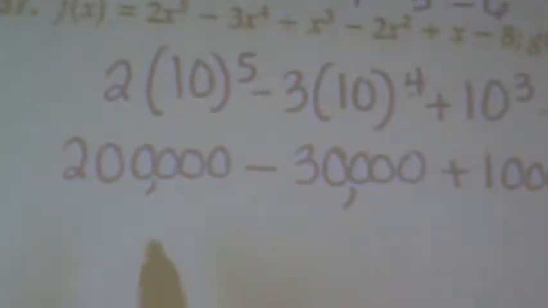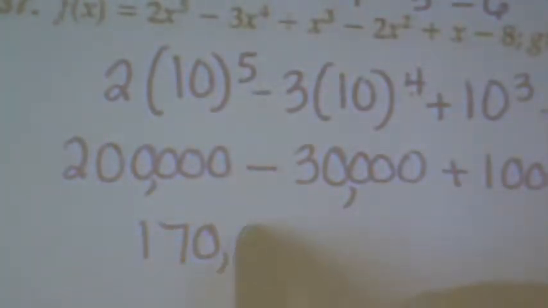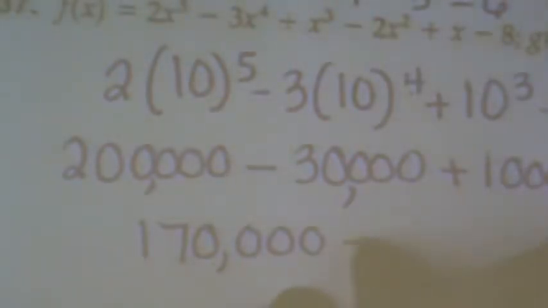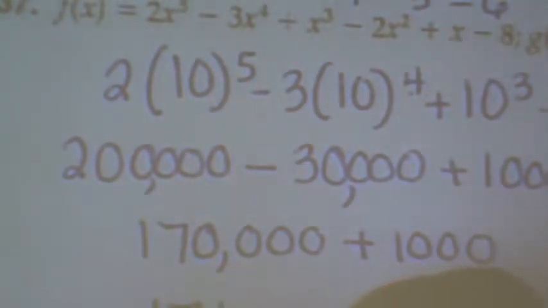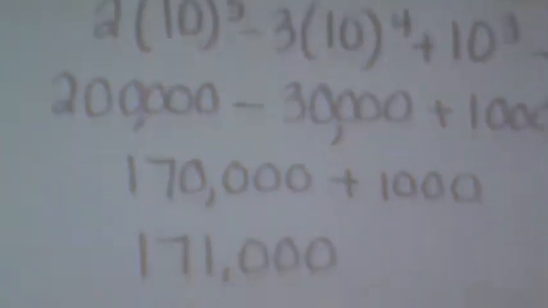So let's do this a little bit at a time. 200,000 minus 30,000 would be 170,000. Okay, and then plus 1,000 here would be 171,000.